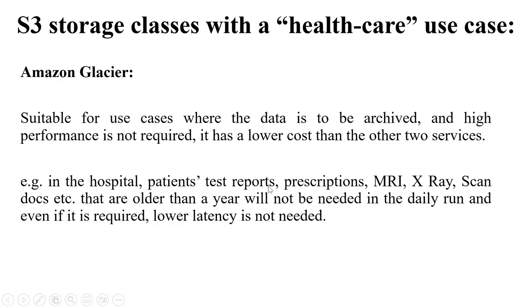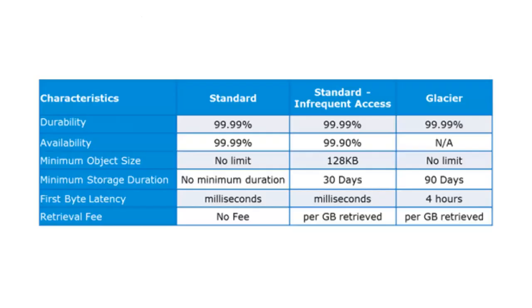So test reports like prescriptions, MRI, X-ray, scan documents, etc., that are older than a year will not be needed in the daily run, and even if required, low latency is not needed. So these are the main three classes which we have. Frequent is the standard: any object uploaded to the bucket is by default in the standard class.